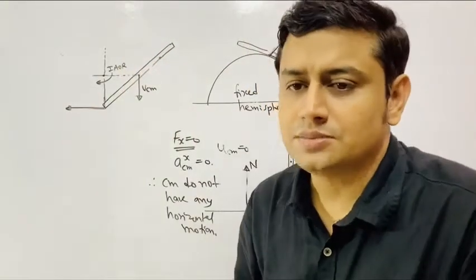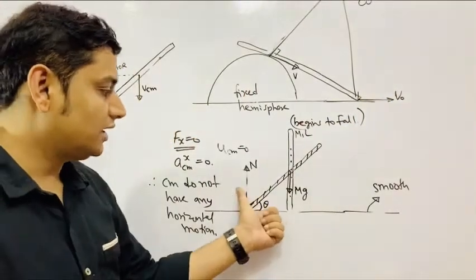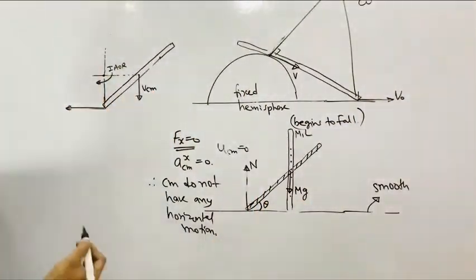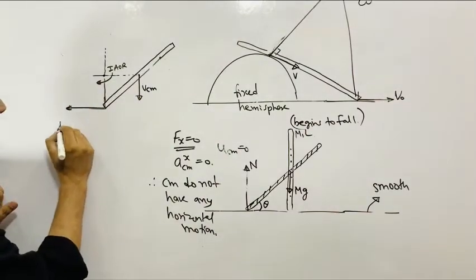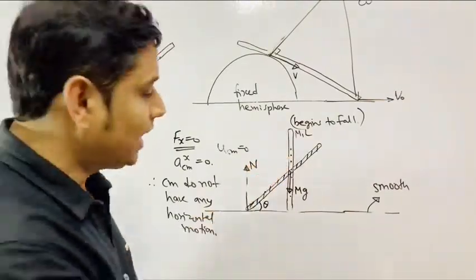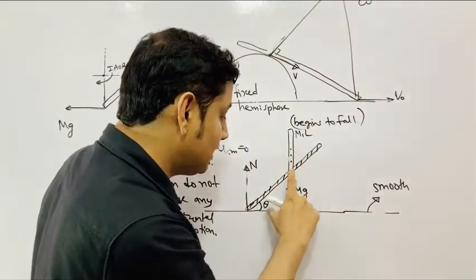Again I can do the same thing. In this whole process, the normal is not doing any work, only work is done by gravity. So I can write mg: initially the center of mass was at height L by 2 and now the center of mass is at height L by 2 sin theta.